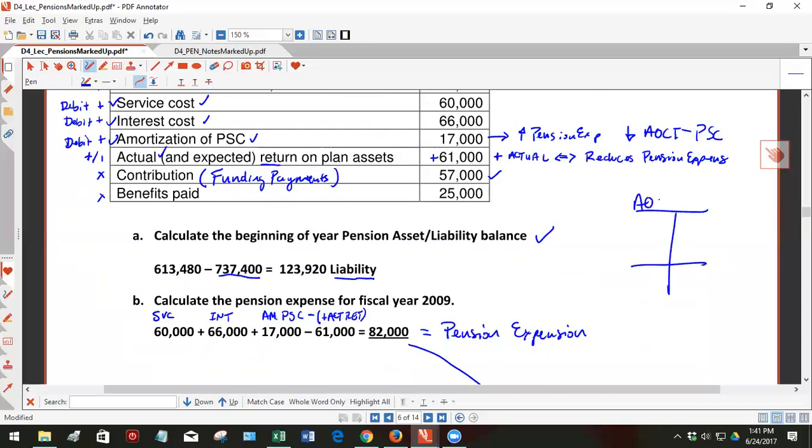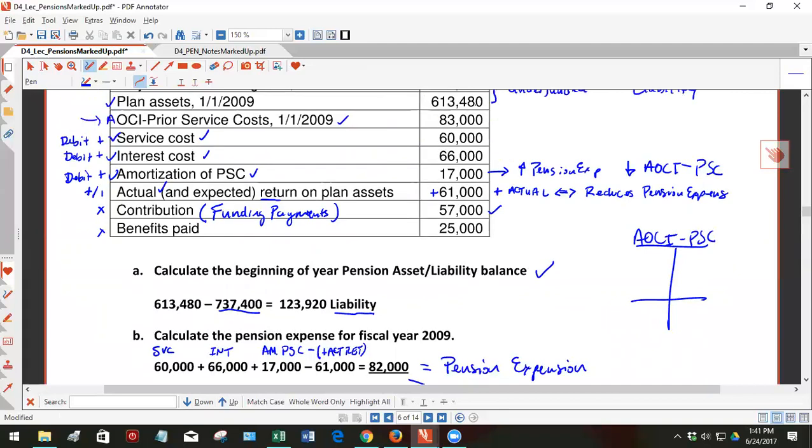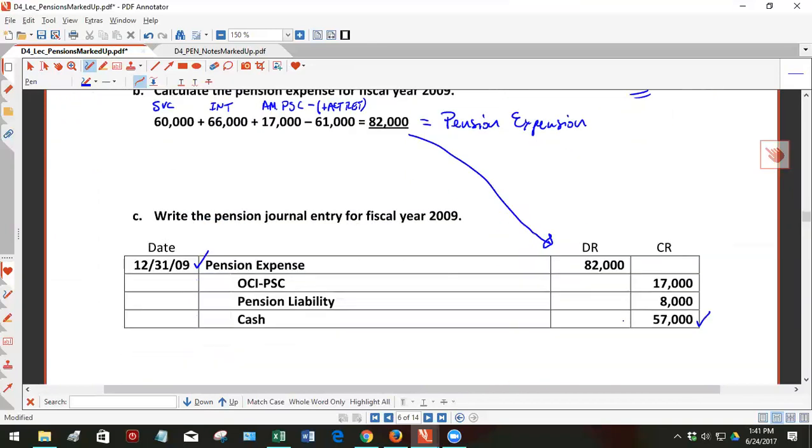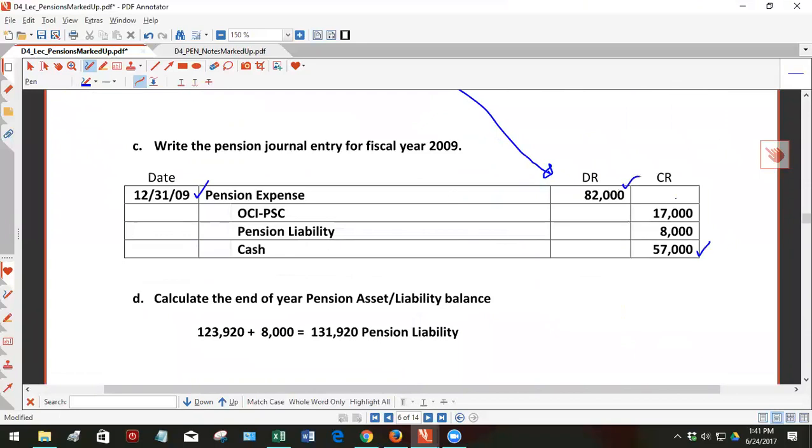So it started with, what was that balance up there? 83,000, normal debit balance. And then you're going to post this $17,000 credit to it. And living life on the edge, what is that? 66,000 is the ending balance. Okay. So you put 82,017, and then this becomes your plug.